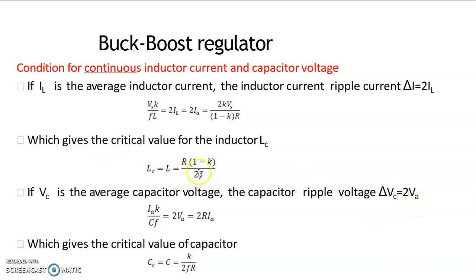We get critical value of inductor as R into 1 minus K divided by 2F, and critical value of capacitance as K divided by 2F into R, where R is the load resistance, K is the duty cycle, and F is the switching frequency. From these two equations we can design our buck boost regulator.